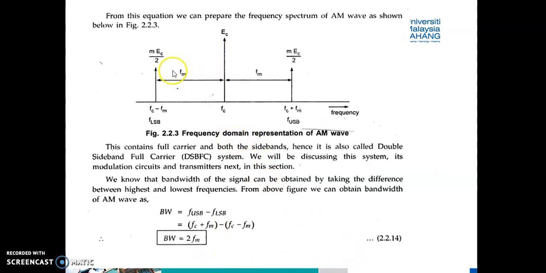Actually, this one is in terms of voltage: voltage VC, this one V upper sideband, this one V lower sideband. From here to here is the bandwidth. In another mathematical form, it can be F upper sideband minus F lower sideband, which equals bandwidth equals 2FM for AM.